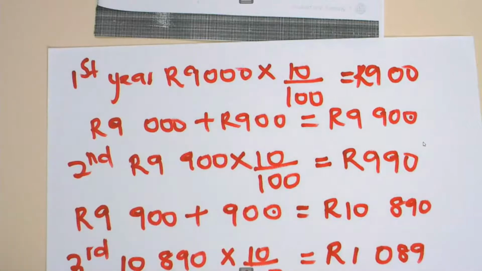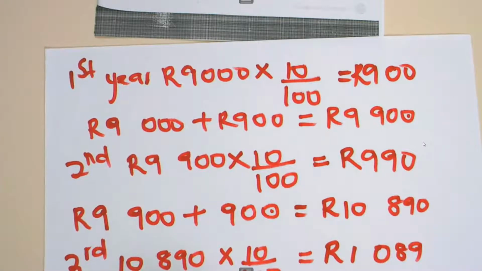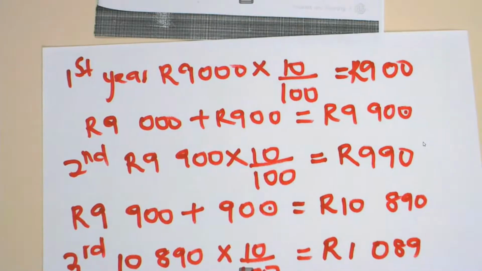We do the same thing like we did, but the only thing that changes is the money now that Fikile has to pay. Now Fikile on year number 4 is 11,979. We multiply by 10 and we divide by 100. And then we accumulate an amount of 1,197 rand and 90 cents.